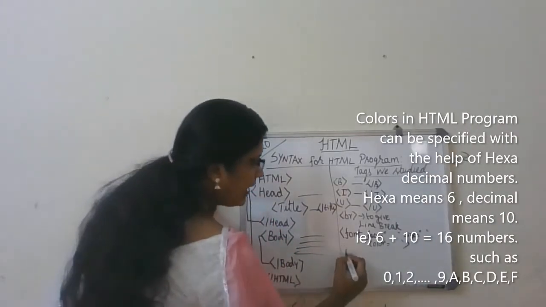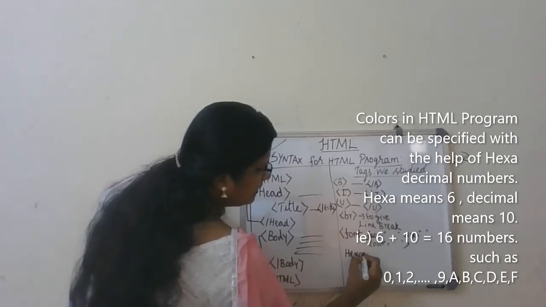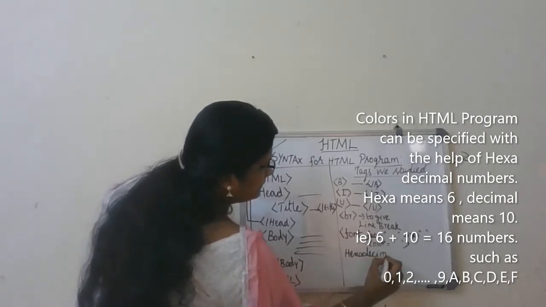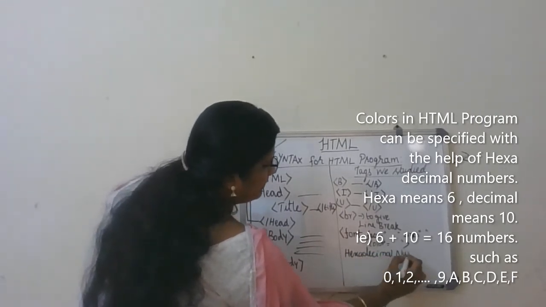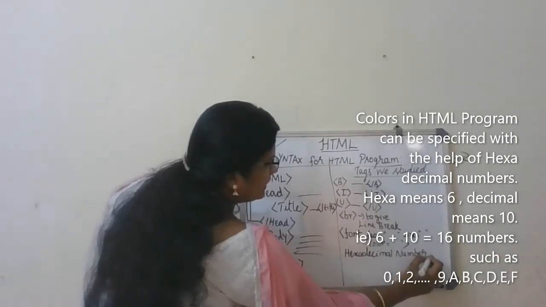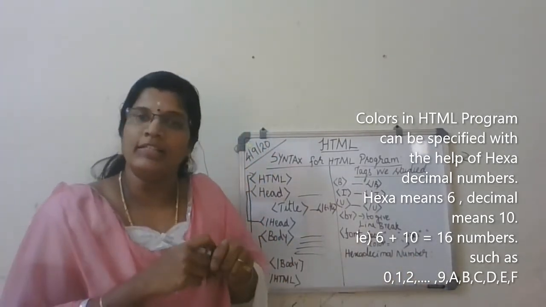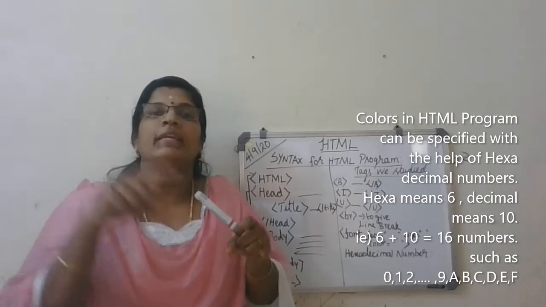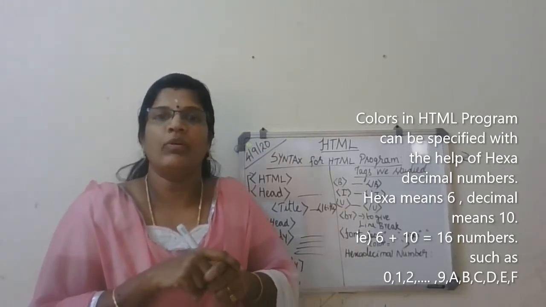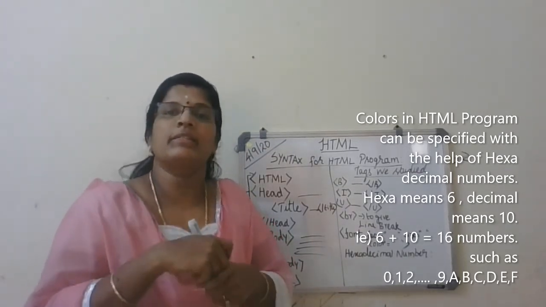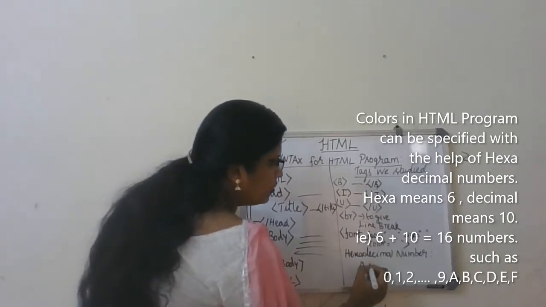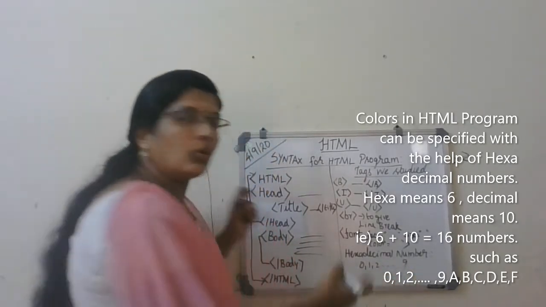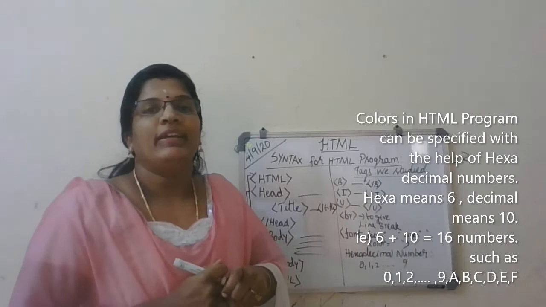See, a hexadecimal number. In computers, a hexadecimal number has 16 digits. Digits in the sense starting from 0, 1, 2, 3, up to 9. So in total how many numbers are there?